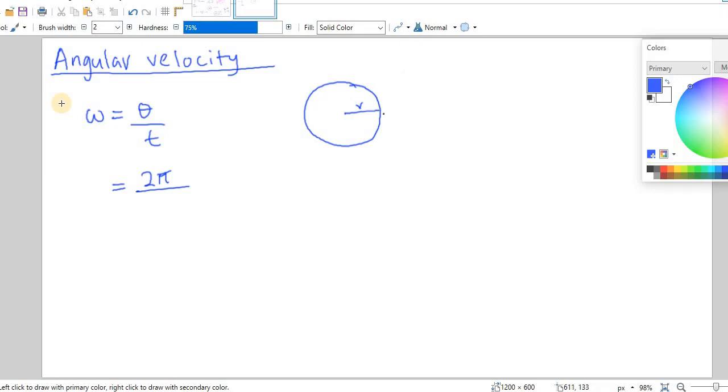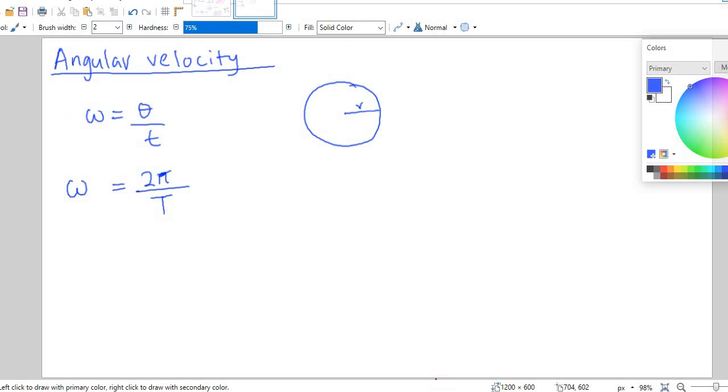Now that is also the time taken for one complete cycle. So the time taken for one complete cycle is capital T, because that is the period. We use the letter capital T for the period. Period is the time taken for one complete cycle. So that's how you get this omega equals 2 pi over T.